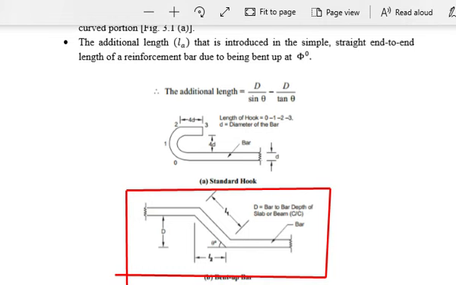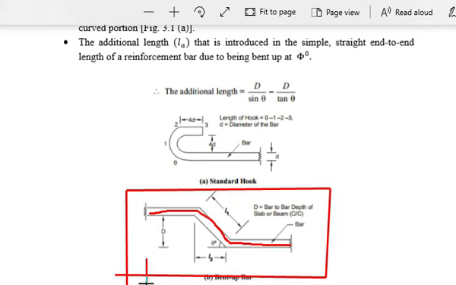My total length will be this, that is the path followed by the reinforcement bar. But it is given as the length of the slab or beam like that.